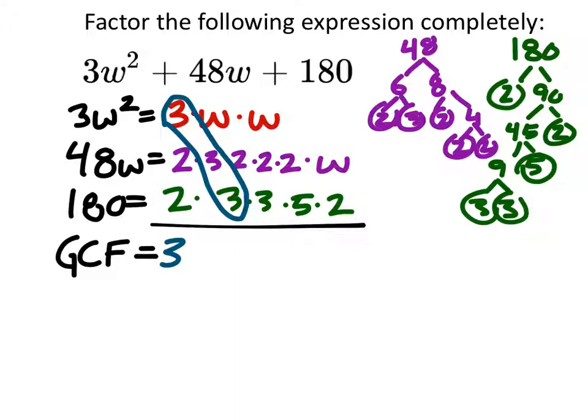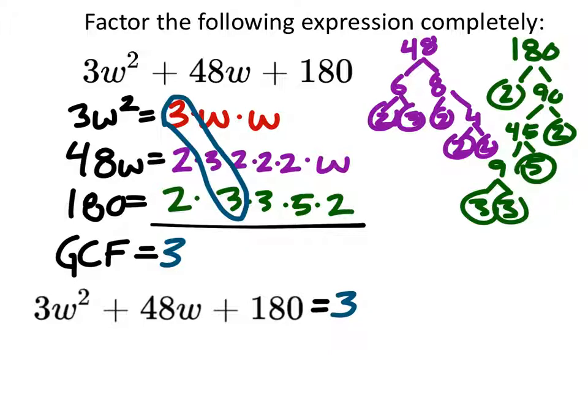So from this 3w squared plus 48w plus 180, I know that I can factor out a 3 from this, which leaves me then with w squared, first term, and then that's a positive 2 times 2 times 2 times 2, 2, 4, 8, 16, w, and then the green stuff, still positive, 2 times 3 times 5 times 2 is 60.